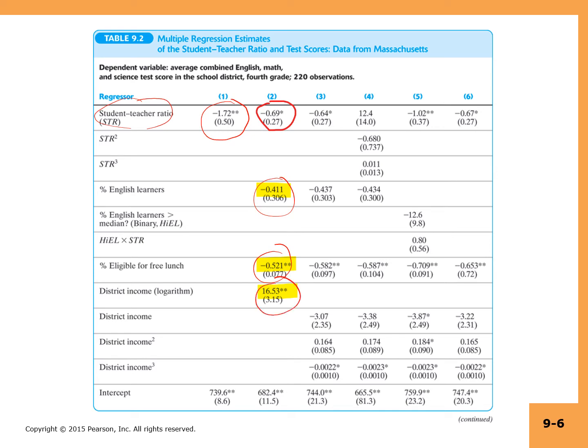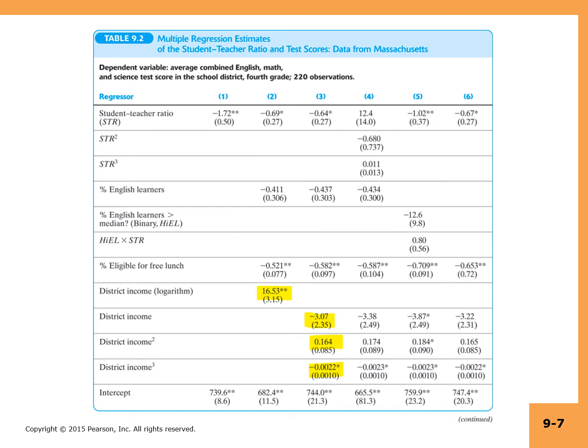So these characteristics control for economic characteristics of the school district. As you can see, the size of the coefficient that we're interested in declines by more than half, which indicates that the first model that only regresses test score on student to teacher ratio likely suffers from omitted variable bias.